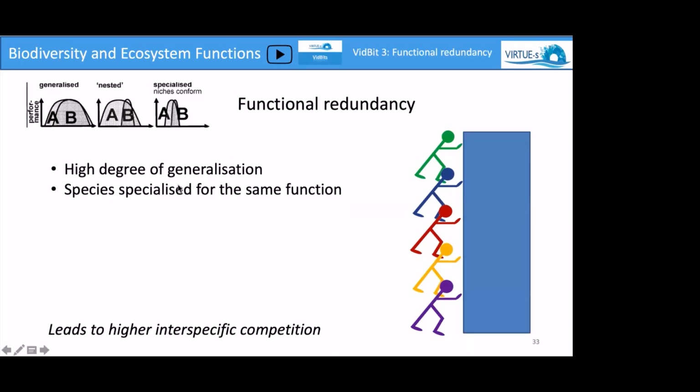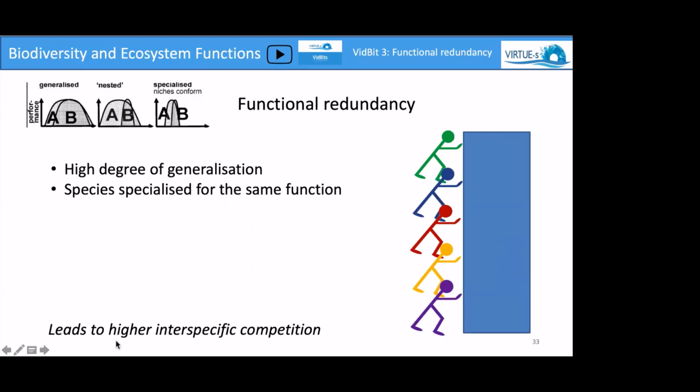So there is a high degree of generalization in this type of relationship between the organisms, and this functional relationship among the species. And the species in this group are specialized to do the same function. If this is a resource, it may contribute to a higher interspecific competition, because if all of these species are using this resource, they will be competing for the same resource.